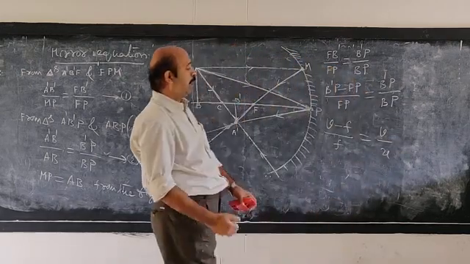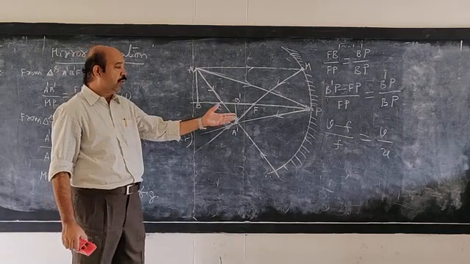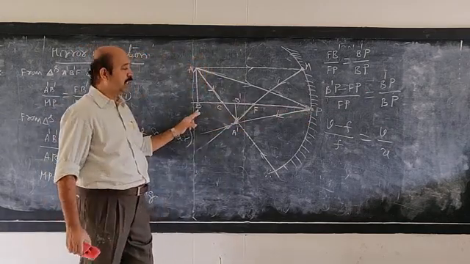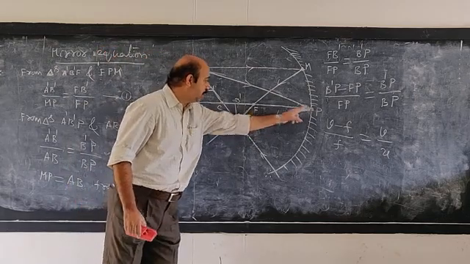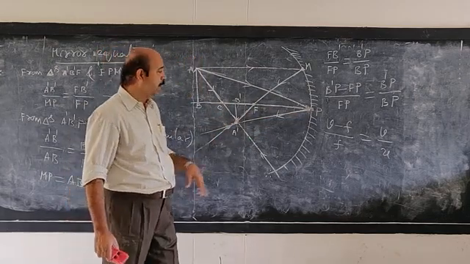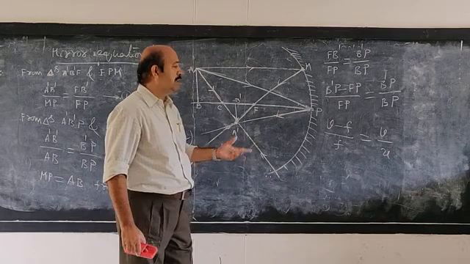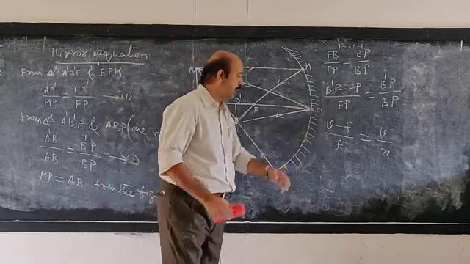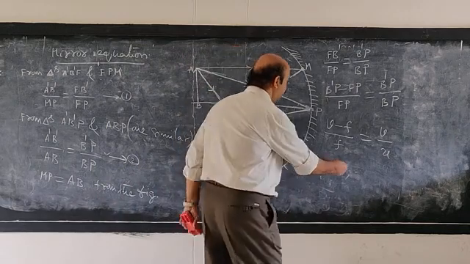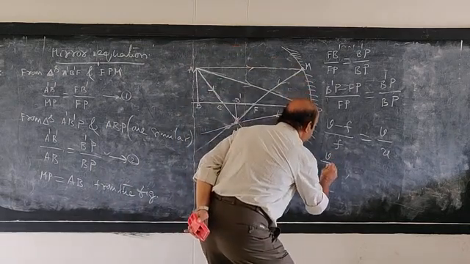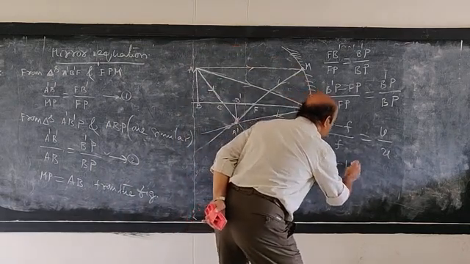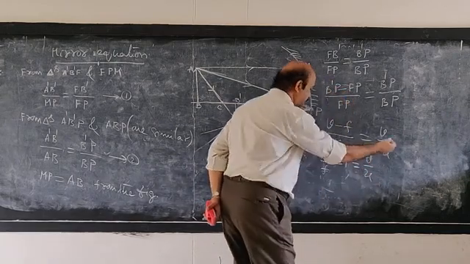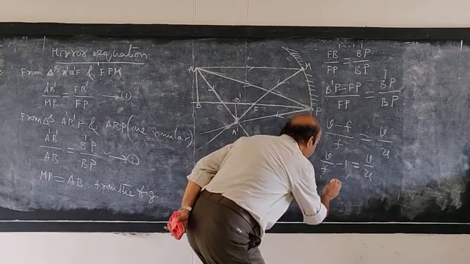So here I am using the symbols. U is the object distance from P to B, P to B dash is the image distance V, and P to F is the focal length f. That is why I have changed this equation like this. Let us try to simplify this. V by f minus 1 is equal to V by U. Let us take this minus 1 to that side.